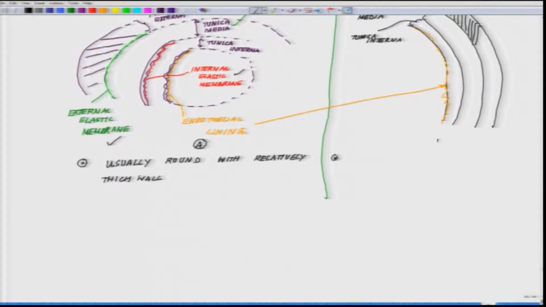Whereas the veins are usually flattened, or collapsed, with a relatively thin wall.